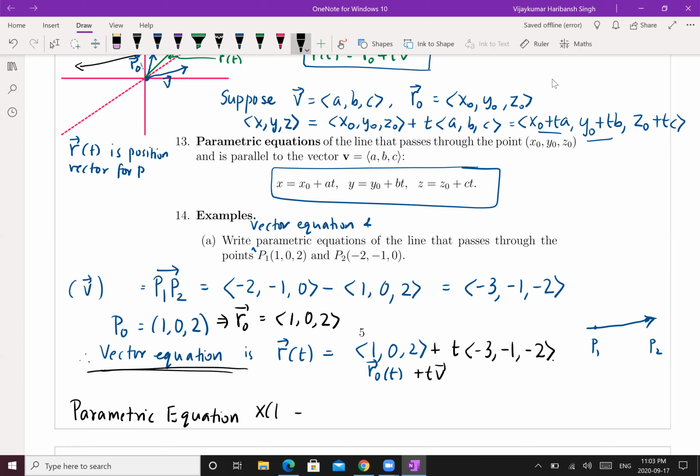That is 1 plus -3t, so 1 minus 3t. y(t) equals 0 minus t, and z equals 2 minus 2t. So this is the parametric equation of your line.